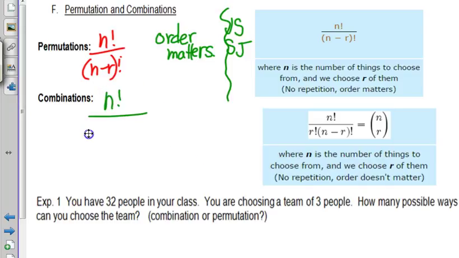And then there's a bigger divisor. Okay. You're choosing from n things, and order doesn't matter, so you don't want to count them separately. You only want to count that happening as one event. Okay.